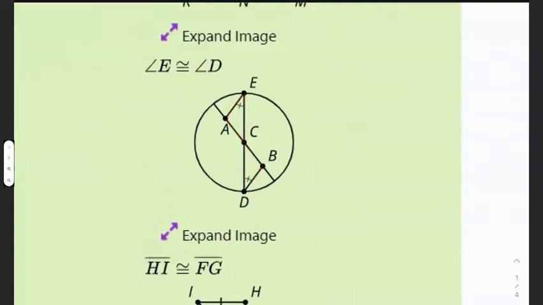All right, and let's see, we do have vertical angles here, right? This angle to this angle, right? Angle ACE is congruent to angle BCD, and that's because they're vertical angles.